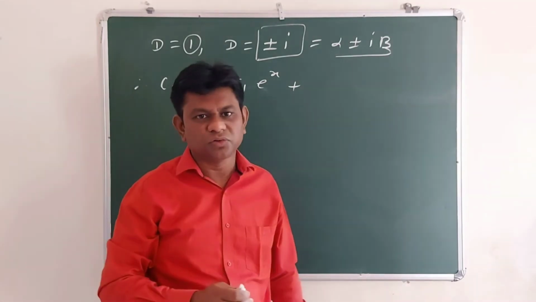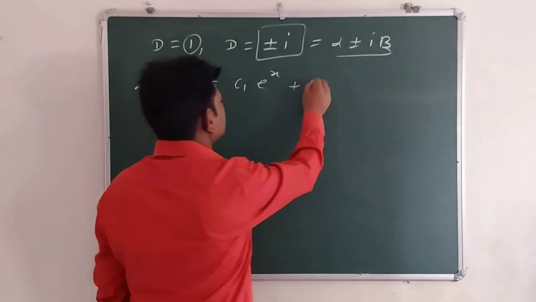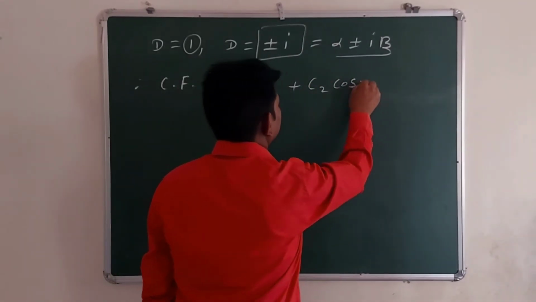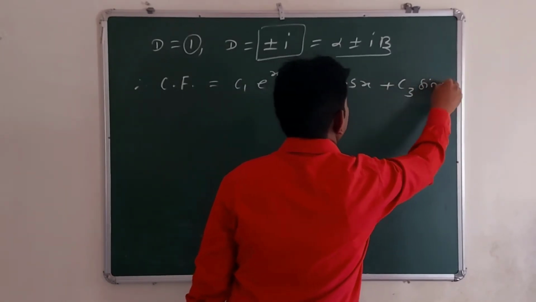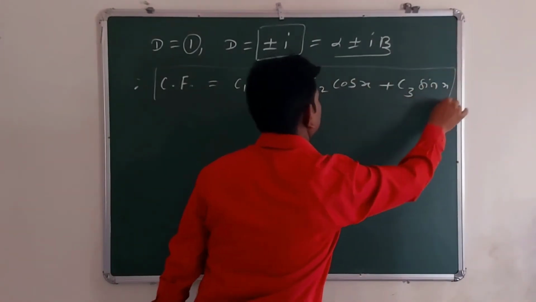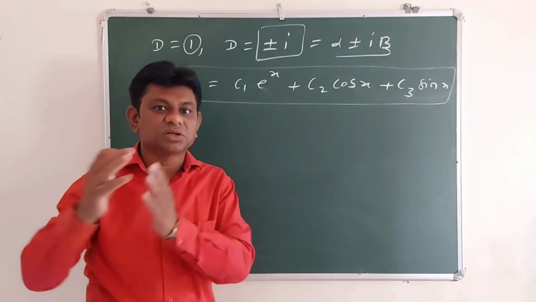But here alpha equal to 0, so e to the power 0x is 1. Beta is 1, so C2 cos x plus C3 sin x. This is the complementary function of the given problem.